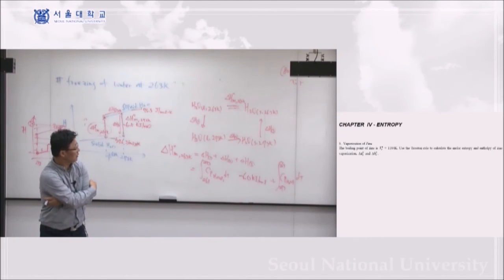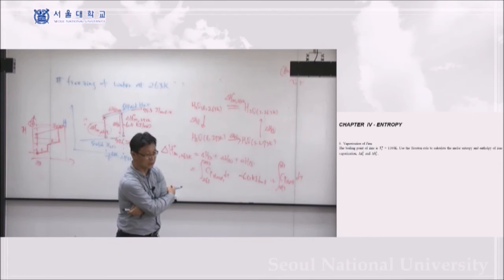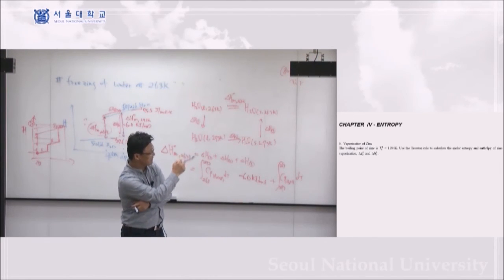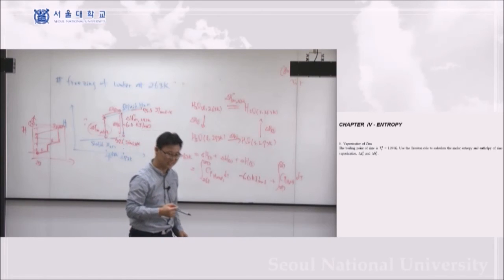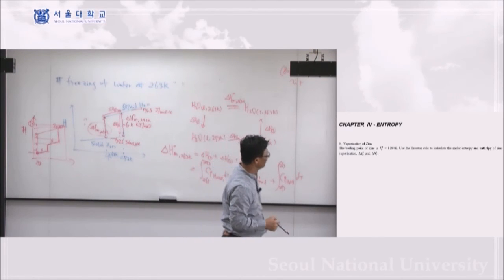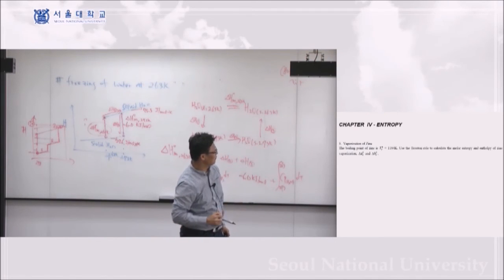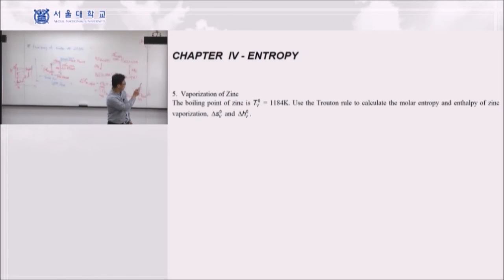So, vaporization of Zn. The boiling temperature of zinc, I cannot pronounce it very well, is 1184 Kelvin, and we know Trouton's rule, yeah? The change of entropy from the liquid phase to the gas phase is about 90 joule per mole Kelvin.